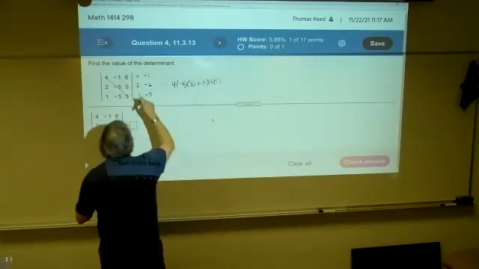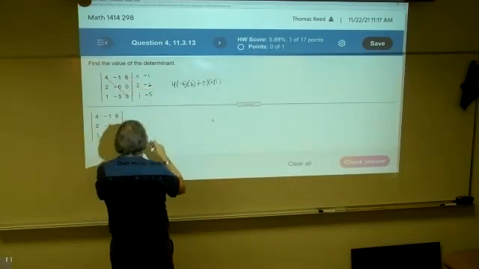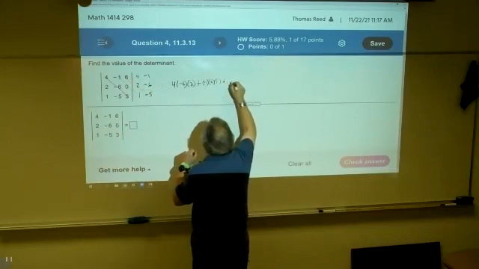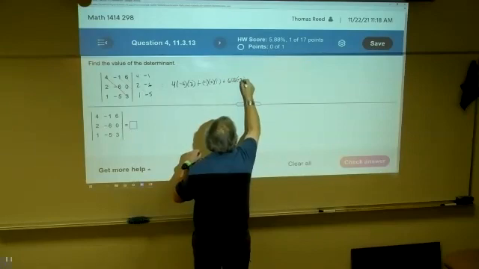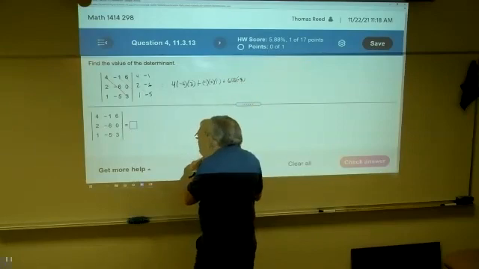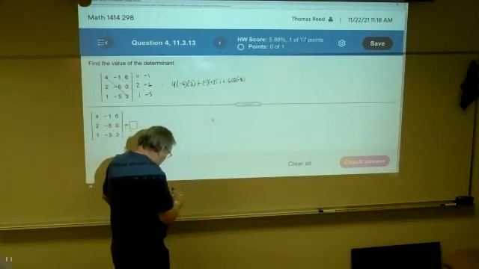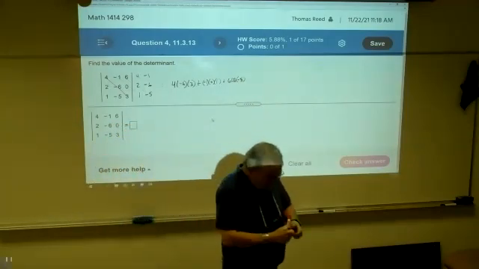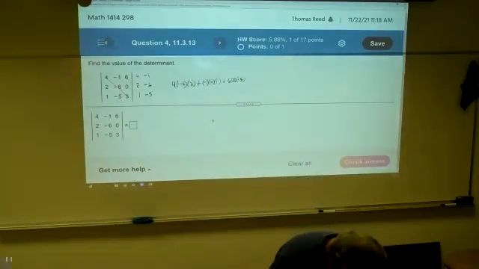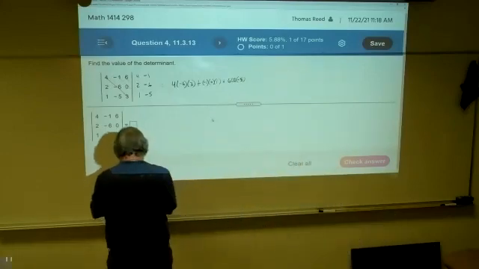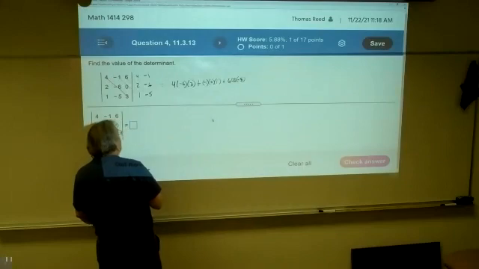And then the last diagonal is plus 6 times 2 times -5. Now I'm done with the diagonals going in that direction. Now I come back and go after the diagonals going in the opposite direction. We subtract those products.